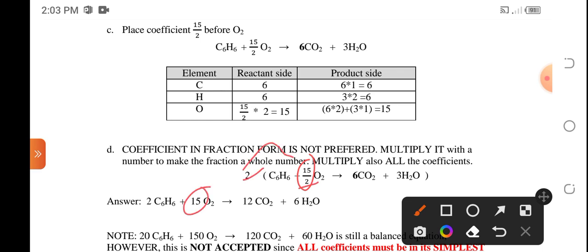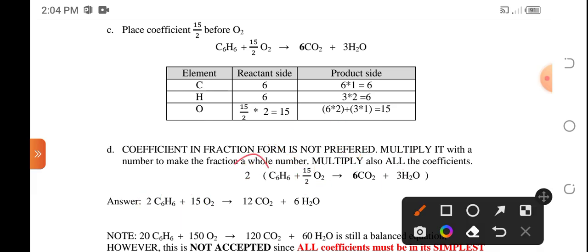But if you're going to multiply the fraction coefficient with this multiplier 2, you also have to distribute, or you should multiply all the coefficient for each substances involved in the equation. So that 2 is not only for 15 half of oxygen, but also for the coefficient of C6H6, or this might be benzene. Kaya nagkaroon na tayo ng 2 doon.